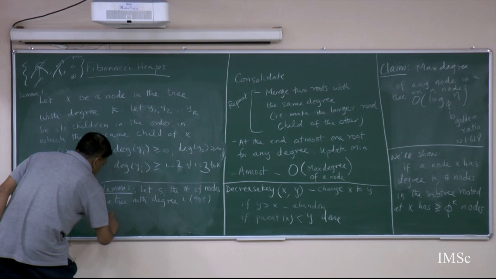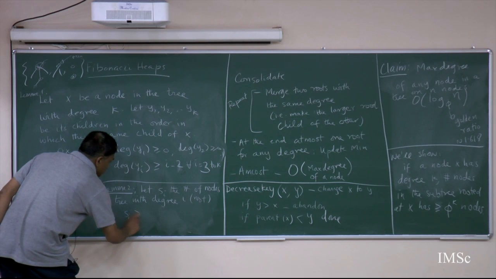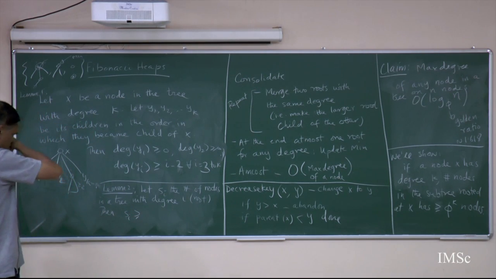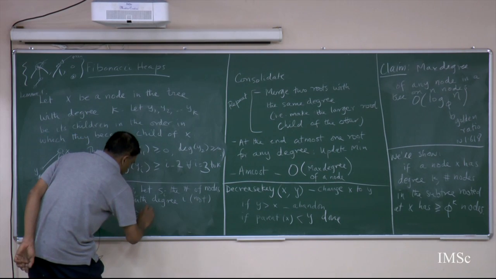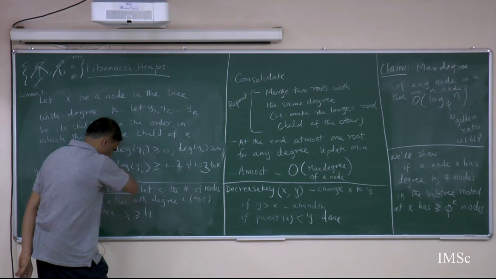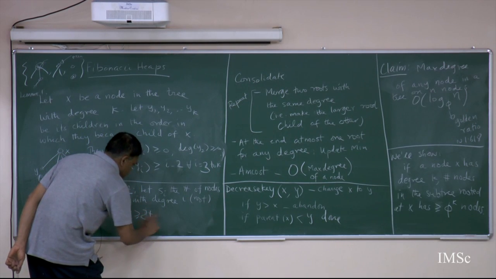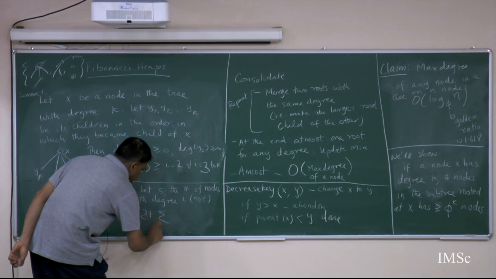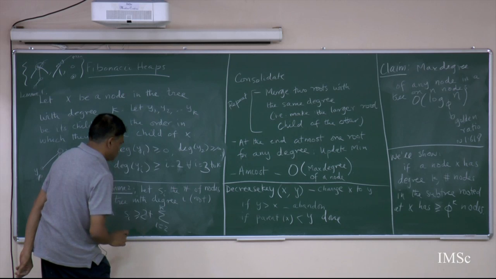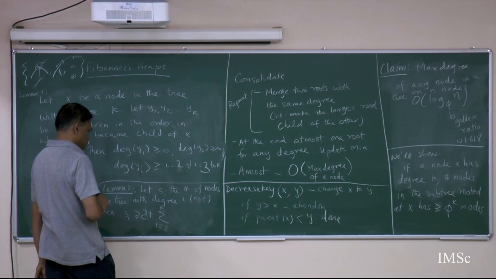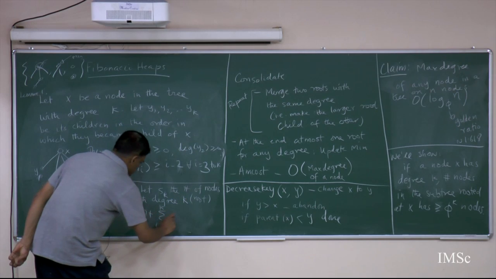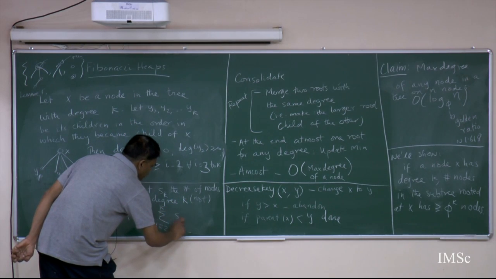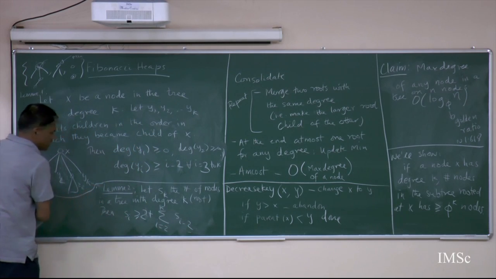Then Si is greater than or equal to 1 plus 2 plus the sum over i equal to 2 to k of S(i minus 2). Okay, this follows from this earlier lemma.